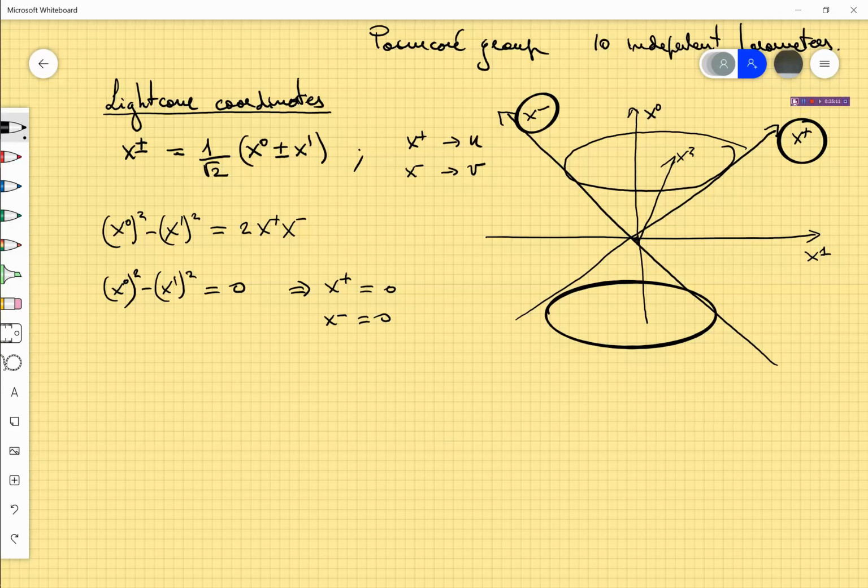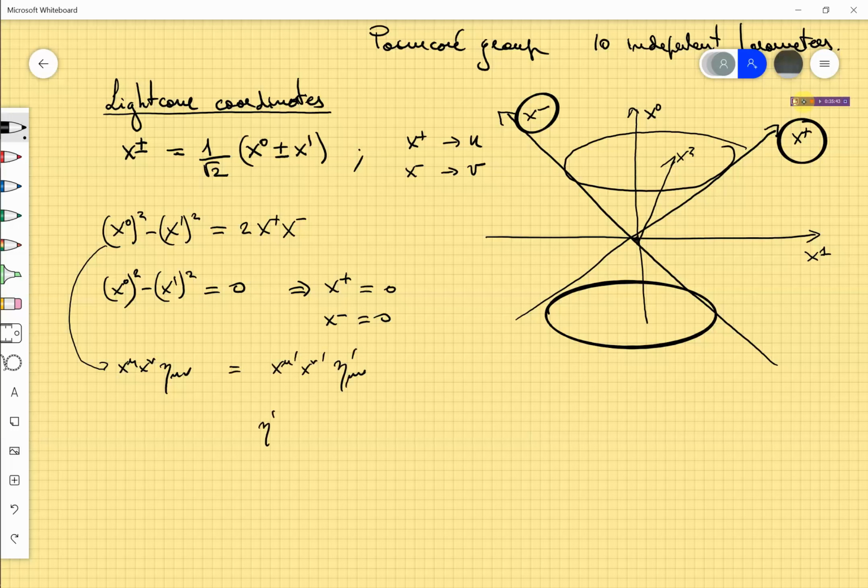Before I do that, let me just mention that I usually write this as x mu, x nu, eta mu nu, so this is the interval between the origin and some point x mu. Then this should be the same. This means that these new coordinates, let me call them x nu prime, eta mu nu, and now I write prime because it is not the same eta mu nu.